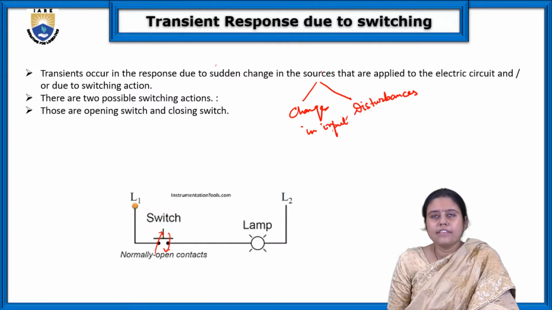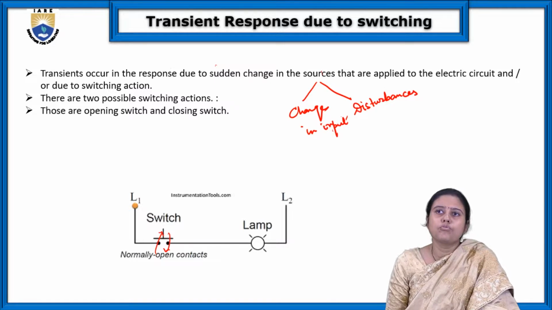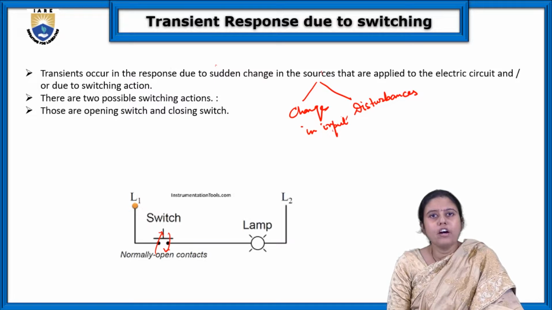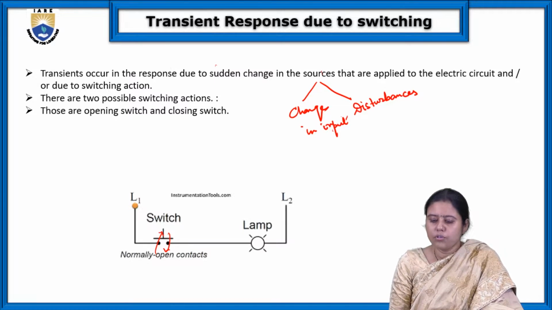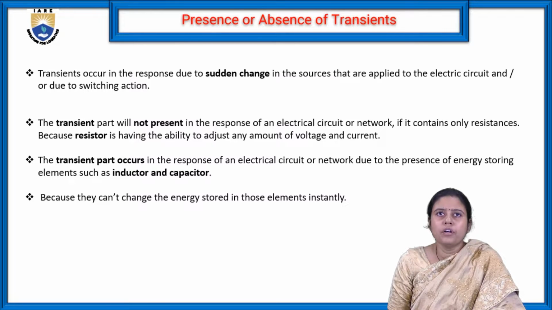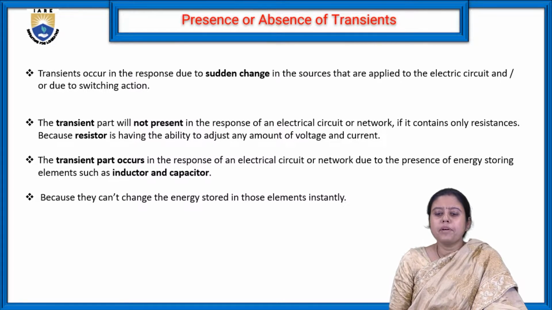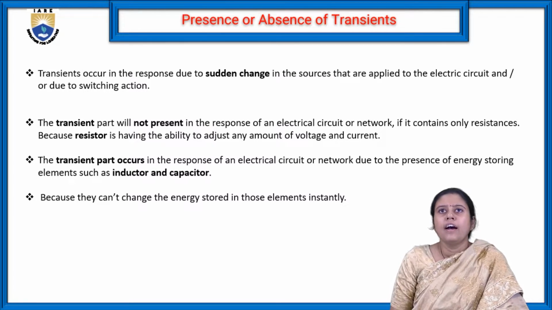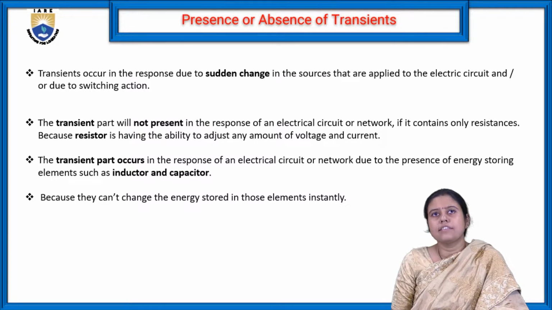This transient response is caused at 2 times, either by opening of the switch or closing of the switch. Then what is the meaning of the presence and absence of a transient in electrical circuits?